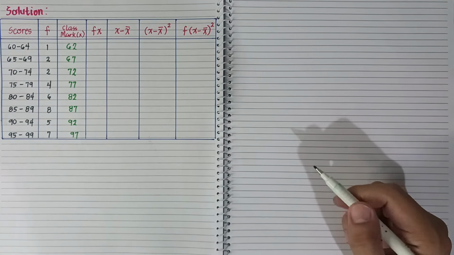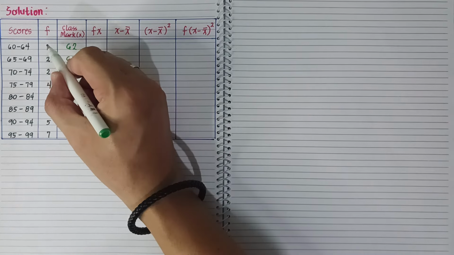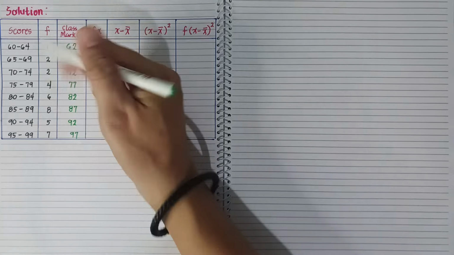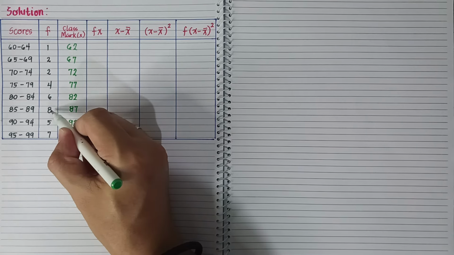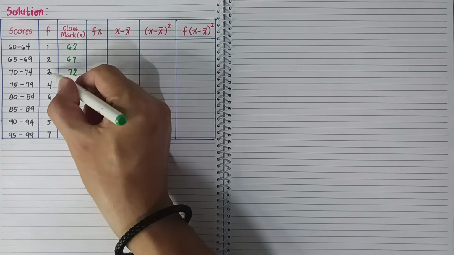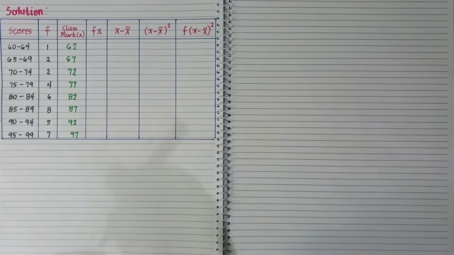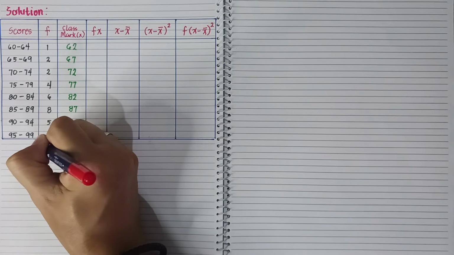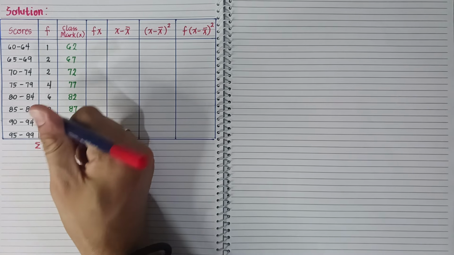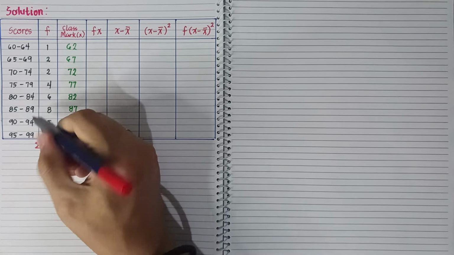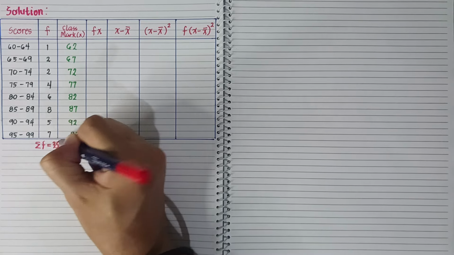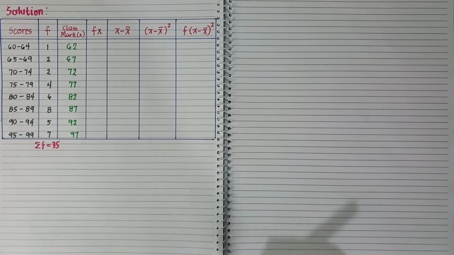Dito, yung frequency natin muna, i-add natin yan. 7 plus 5 equals 12, plus 8, 20, 26, 30, 35. Therefore, summation of f equals 35. So we have 35 samples or students.